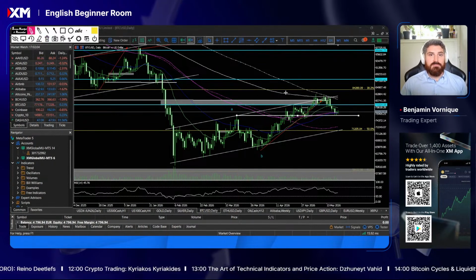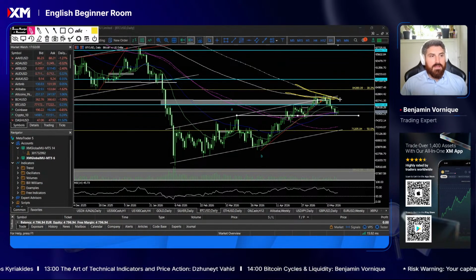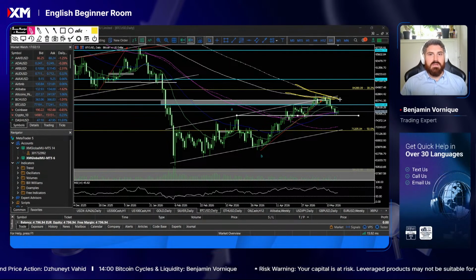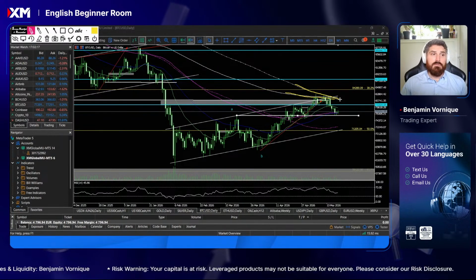Then we do have here the 200 daily EMA and here the 200 daily SMA. Again, on the daily, okay. So the 200 is usually a very important dynamic pivot for Bitcoin, either on the bullish side or on the bearish side.